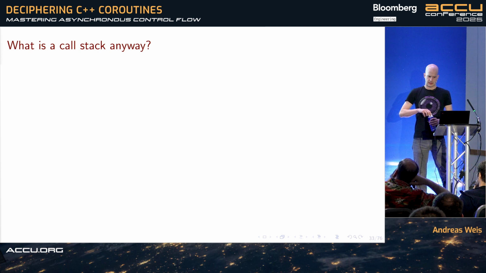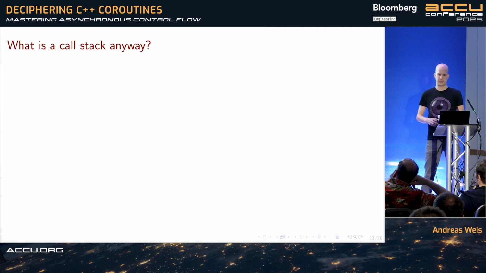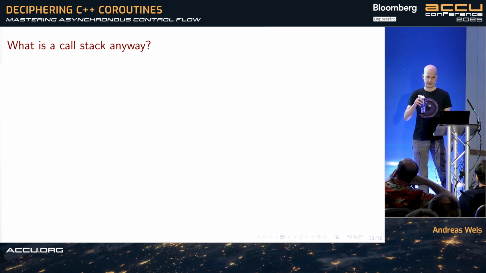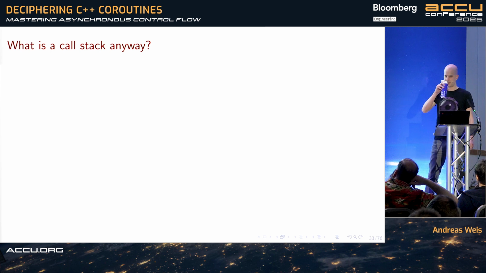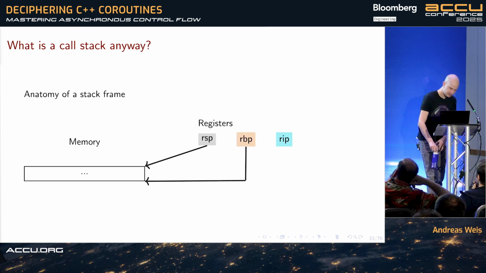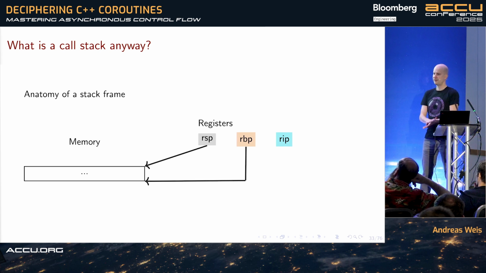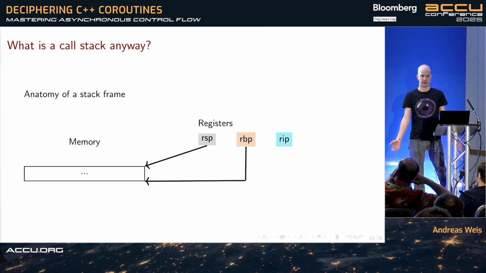So let's step back a bit and think about what a call stack is anyway. In the simple synchronous case, what is actually going on when we have a stack of functions that do a complex computation? If we look in memory, a stack frame is really three registers and a bunch of memory, and that's the whole state of our function.